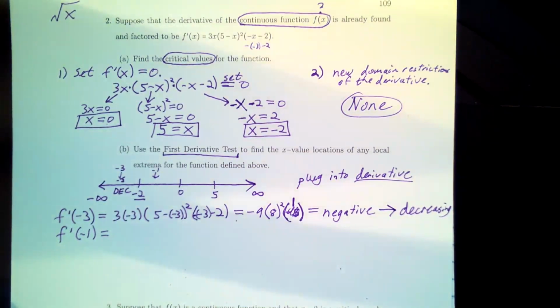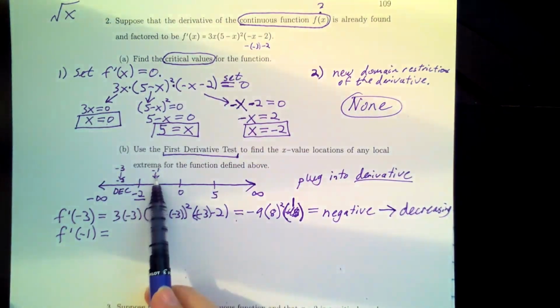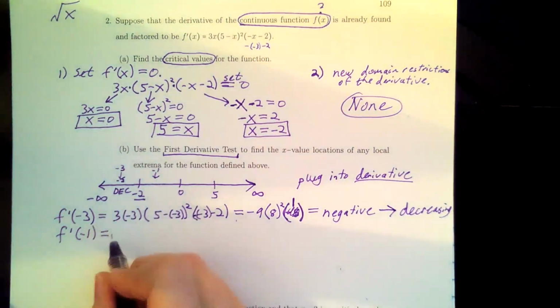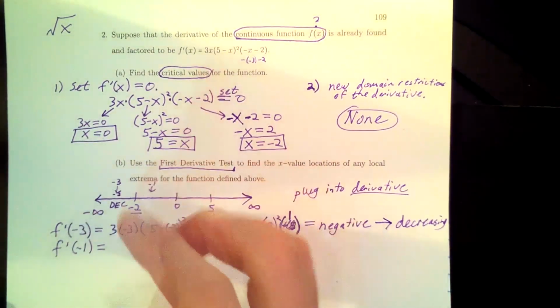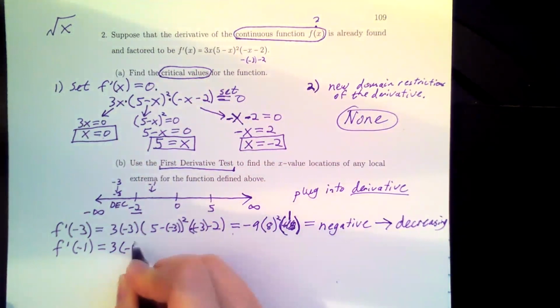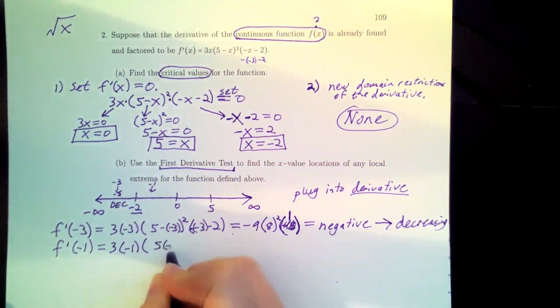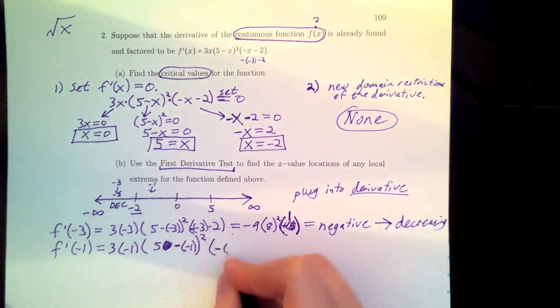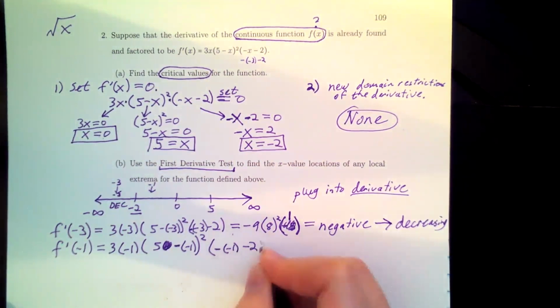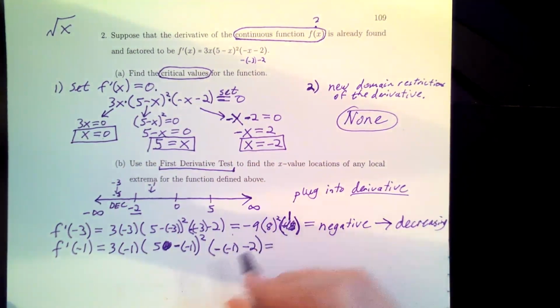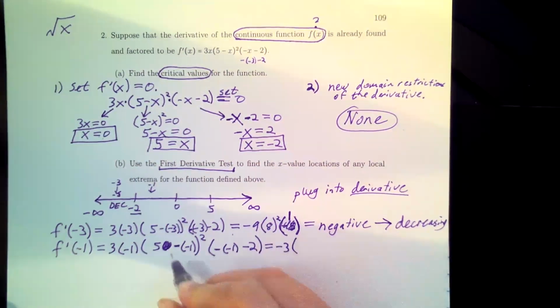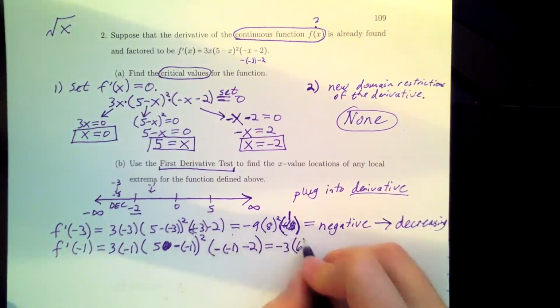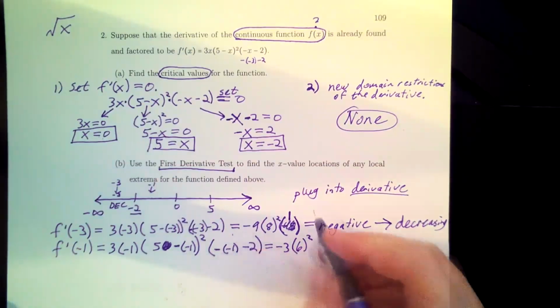And then you go around and plug in the next test point, the -1. So let's do this one carefully here. We have 3 times -1, 5 minus -1 squared times minus -1 minus 2. So we get -3 times 6 squared, 1 minus 2.